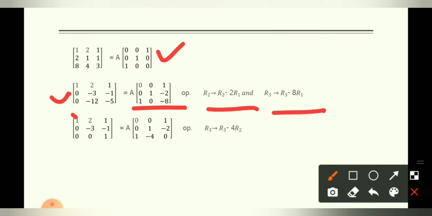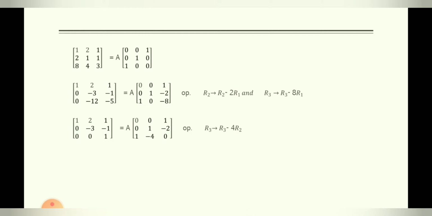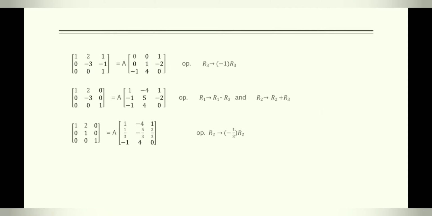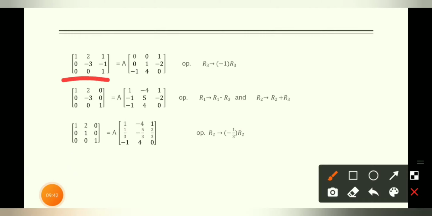Then again we have 1 here. Now we operate with the third row minus 4 into second row, and so on. We have to perform these operations so that we get the identity matrix on one hand, like in here.